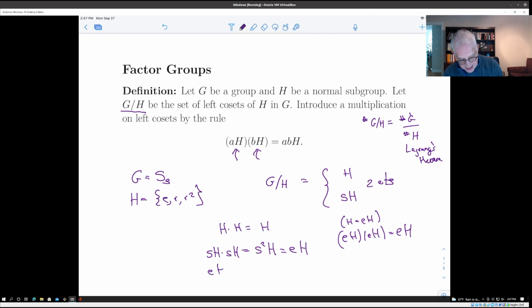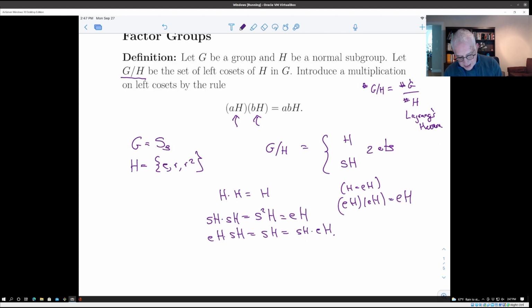And then EH times SH is SH, but that's also SH times EH. So G mod H has the multiplication table EH, SH, EH, SH, EH, EH, SH, SH. So it looks like a copy of Z mod 2, at least if any of this makes sense at all.